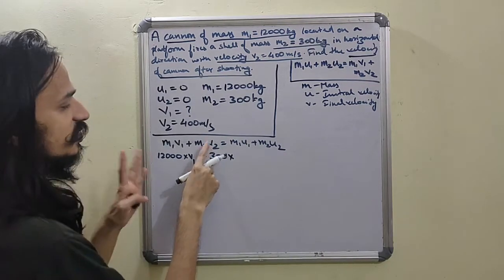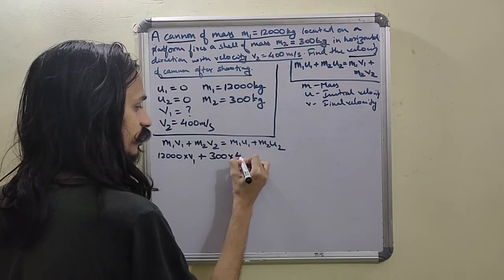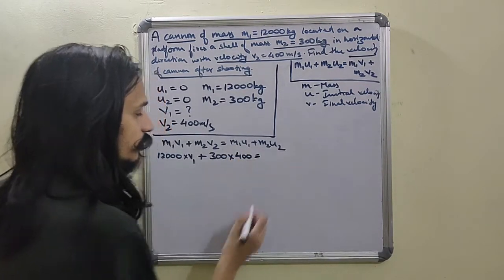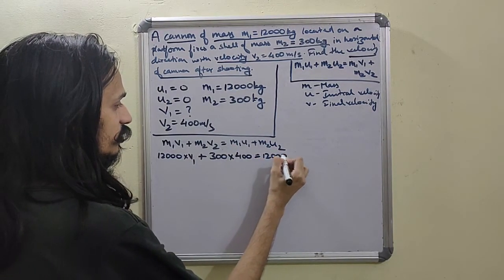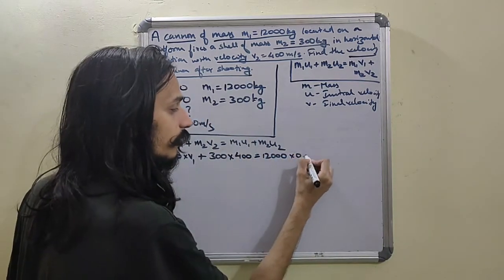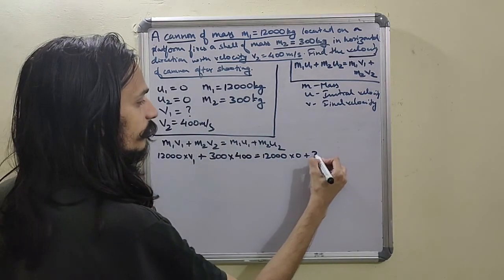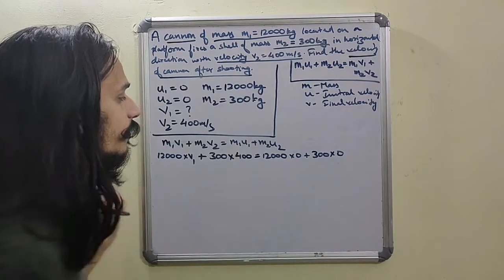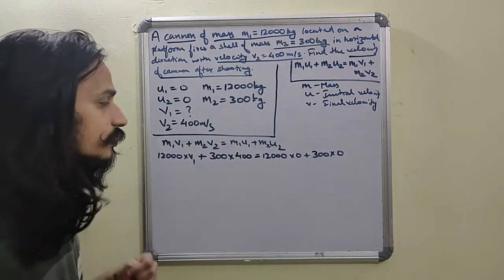Here v2 is 400, so 300 into 400 equals, again m1, so that is 12,000 into u1, which is 0, plus m2, which is 300, into 0. Now keep in mind, we are multiplying both these things with 0, right?